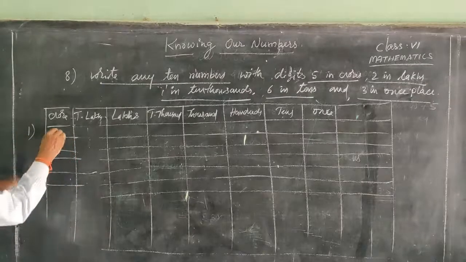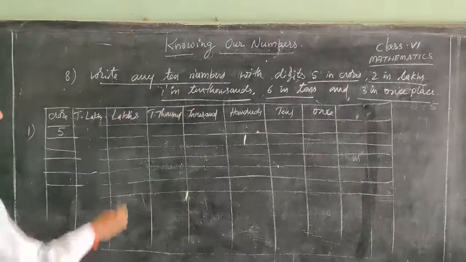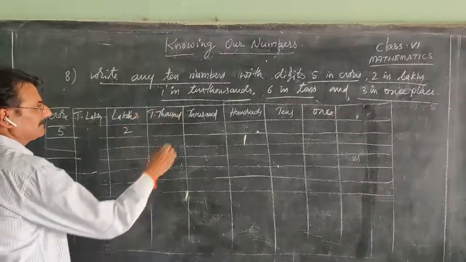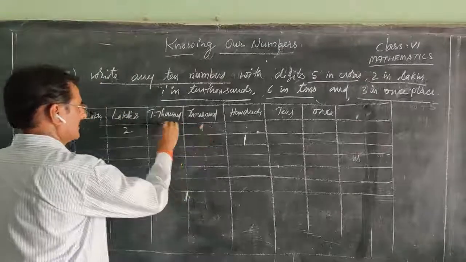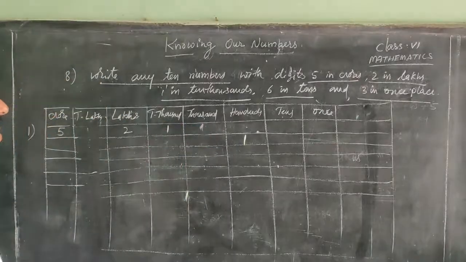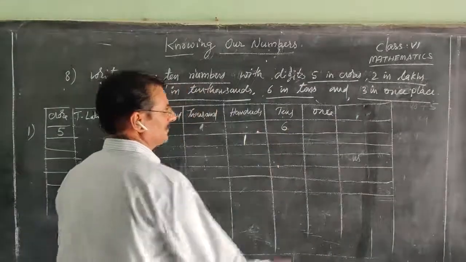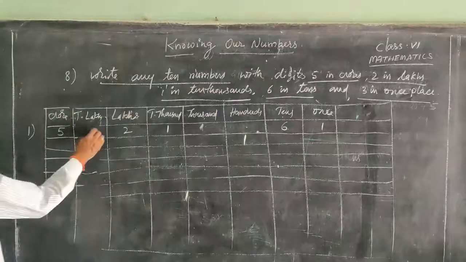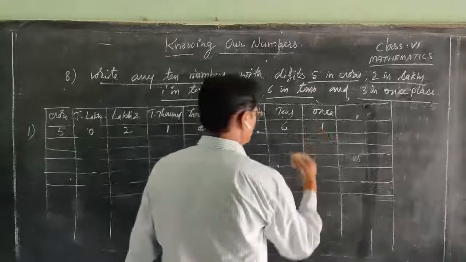Yes, the 5 digit in crore. Next, 2 in lakh. Next, 1 in 10,000. Next, 6 in tens. Next, 3 in ones.